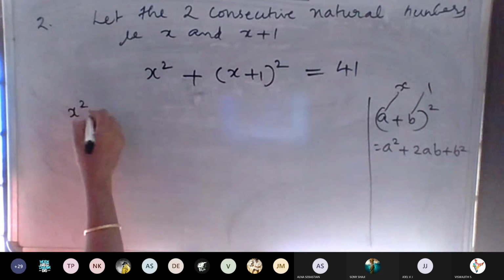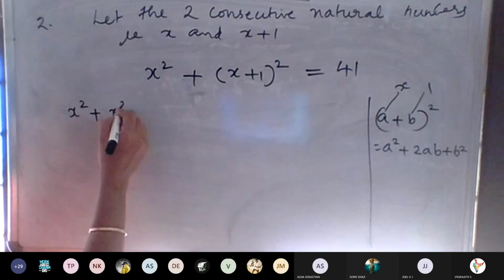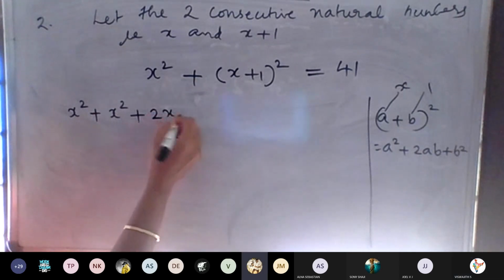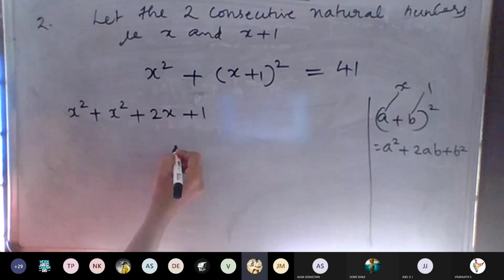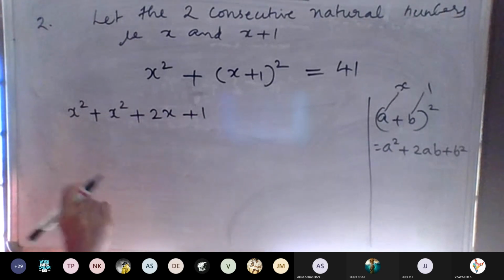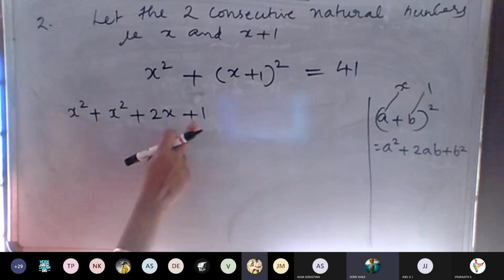So x plus 1 whole square we can write as x square plus 2x plus 1.